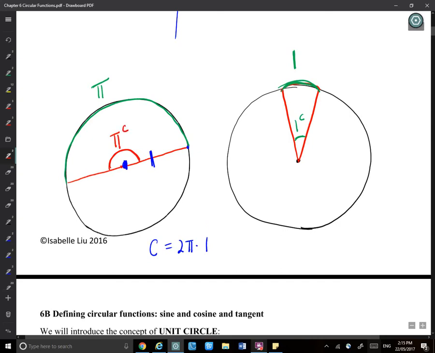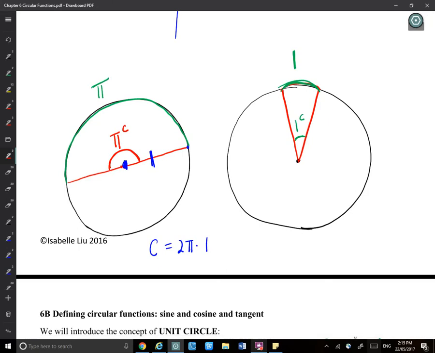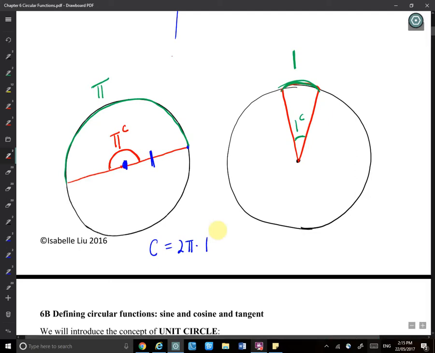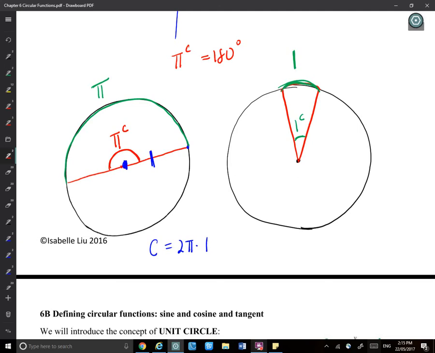An arc length of 1 gives you an angle of 1 radian. So an arc length of π will give you an angle of π radians. Therefore, π radians equals 180 degrees. That's how we find the relationship between degrees and radians.